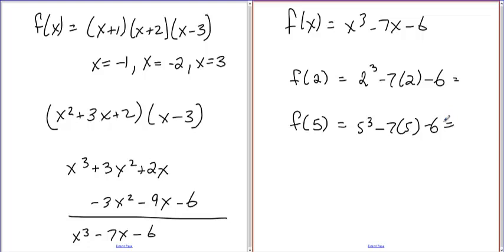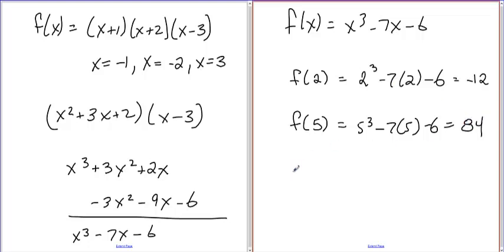So let's plug those into my calculator. You get 2 cubed, which is 8, minus 7 times 2, which is 14, minus 6. So that's negative 12. And then you've got 5 cubed minus 35 minus 6, and you get 84.